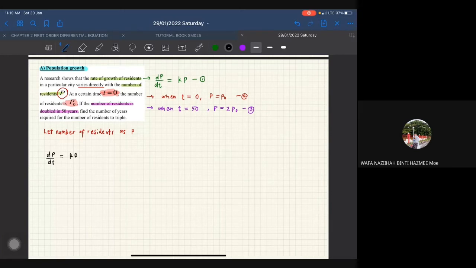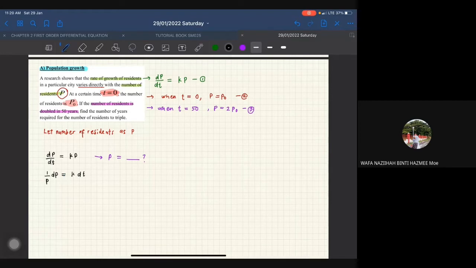Okay, so this one daripada sini kita sebenarnya boleh dapat p equal to something. So we want to get p equal to something. Okay, so we need to separate the variable. Kita gunakan teknik separable variable. Okay, so awak akan dapat 1 over p dp equal to k dt.